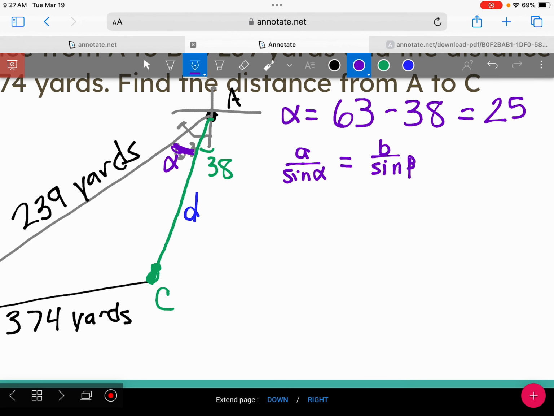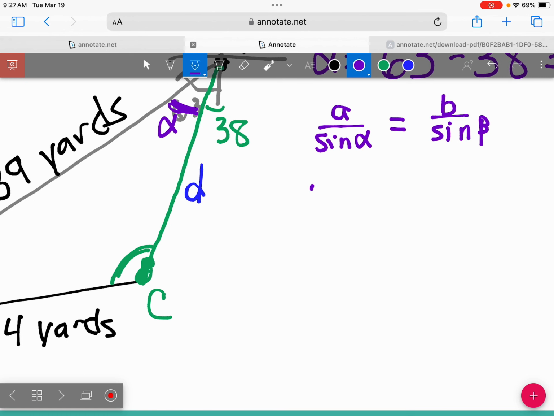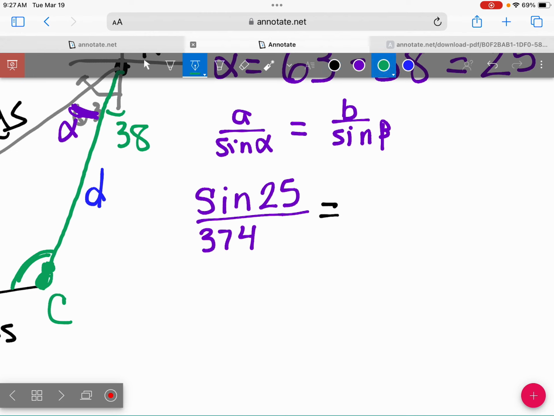But since we're looking for our angle this time, we flip it on its head. So we're going to wind up with the sine of 25 over our side A, which is 374. We know that's going to have the same ratio as the sine of angle C, which I'm going to switch to our Greek gamma, and its side length was 239.